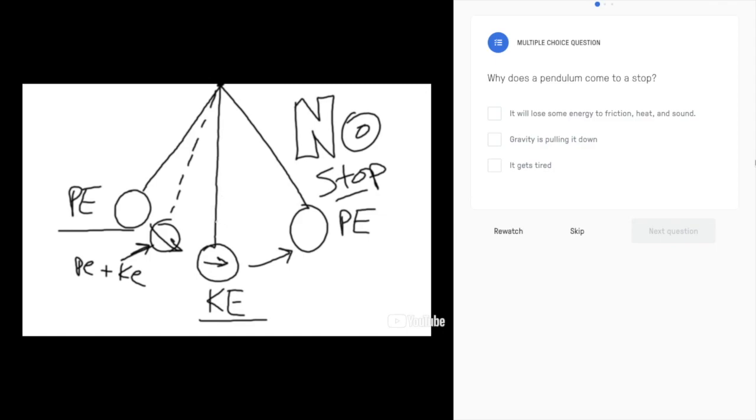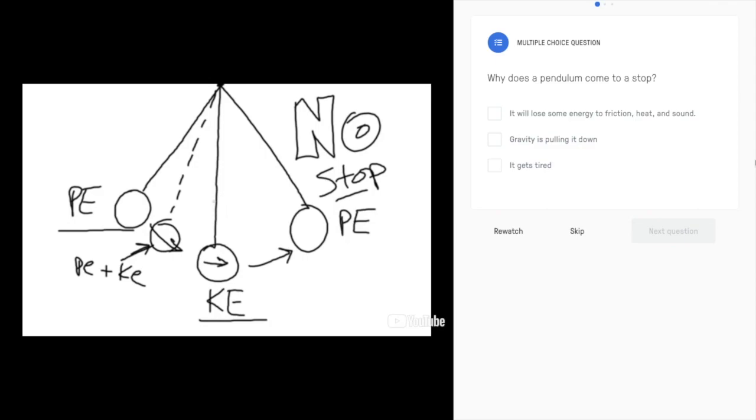All right, this is our next question. Why does a pendulum come to a stop? First, it will lose some energy to friction, heat, and sound. Second, gravity is pulling it down. Third, it gets tired. Again, let me repeat the question.